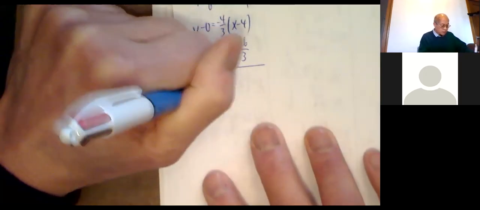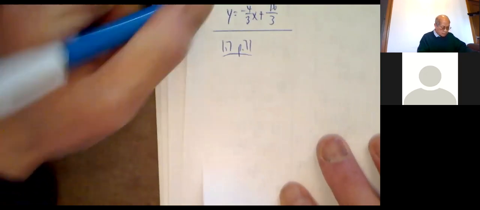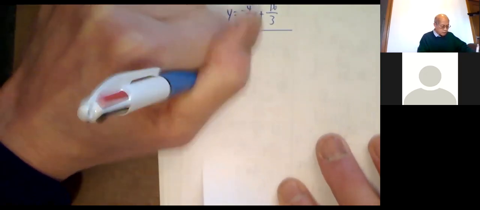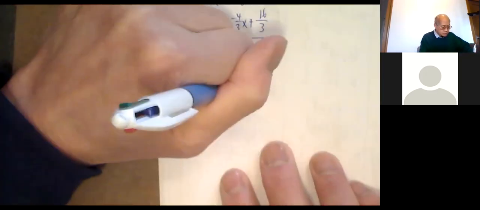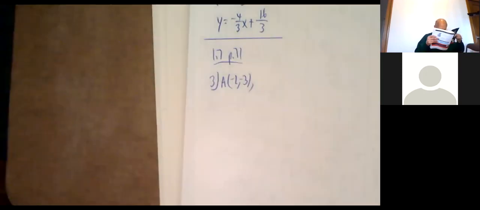So 1.7, page 71. Number 3. The point A is negative 2, negative 3, and 2, negative 1.